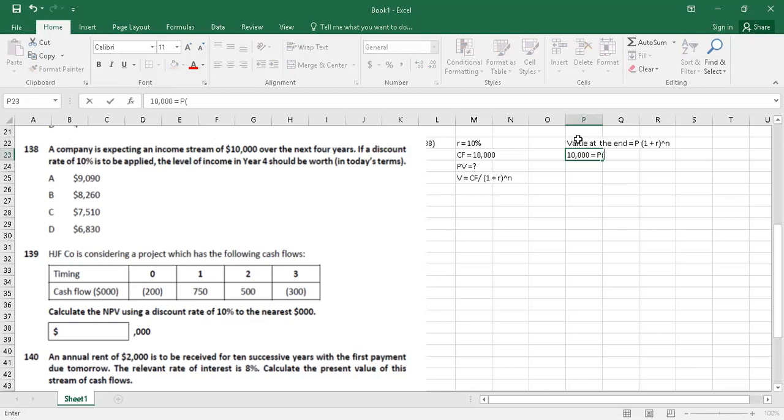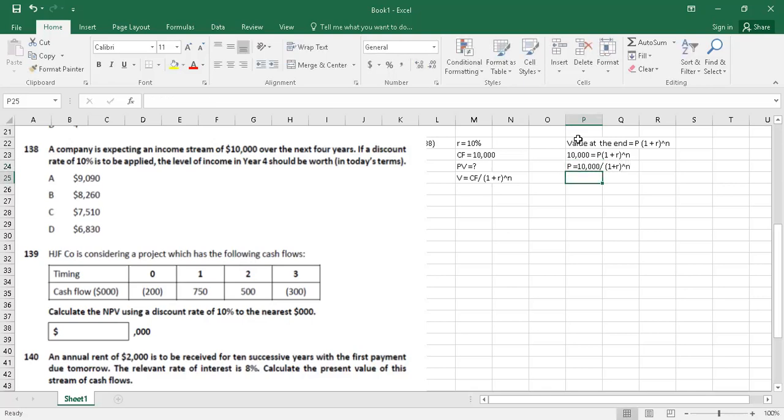P into 1 plus r whole to the power of n. So when we are trying to find out the value of P as of today, it will go as 10,000 divided by 1 plus R, the whole thing to the power of n.